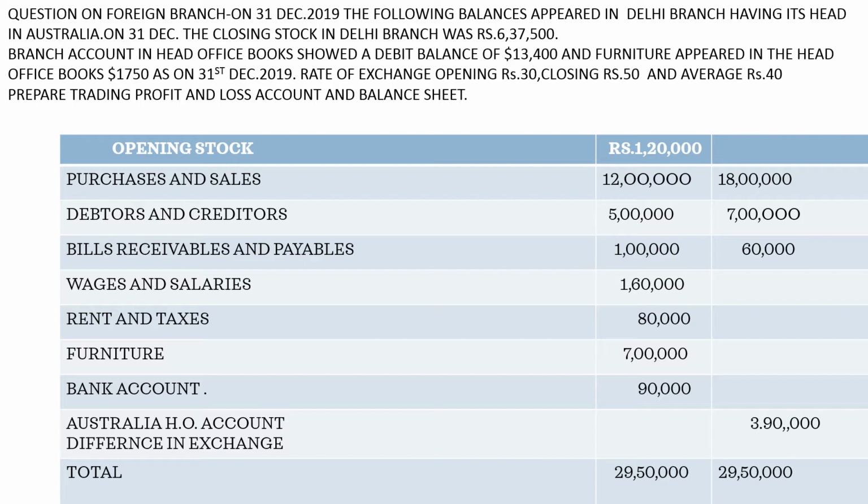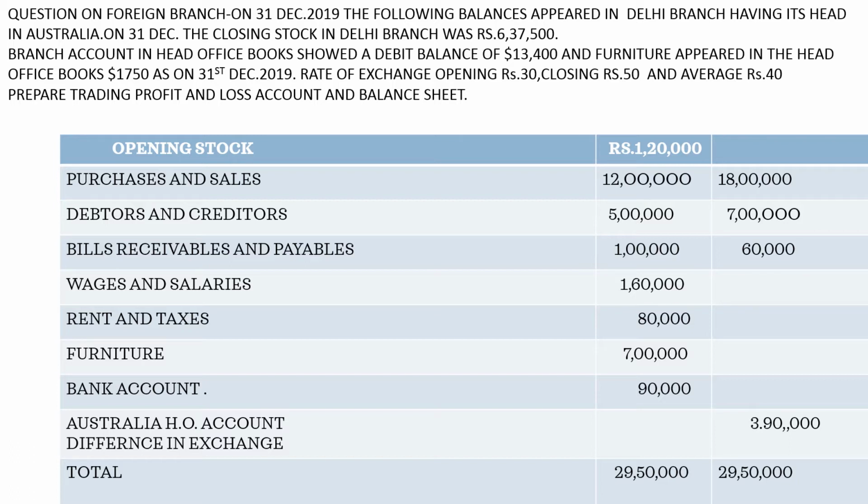Bills receivable 1,60,000. Wages and salaries debit 1,60,000. Rent and taxes debit 80,000. Furniture debit 7 lakh. Bank account 90,000. Australia head office account 3,90,000.